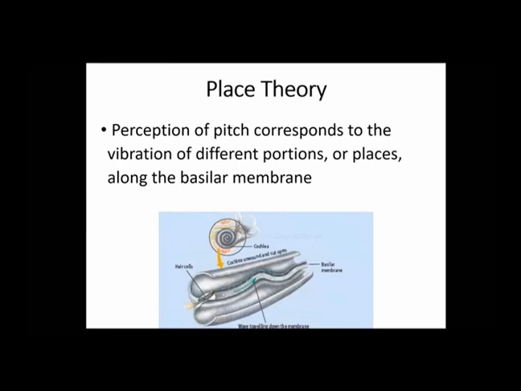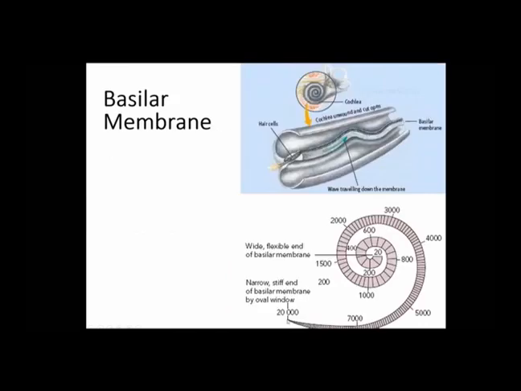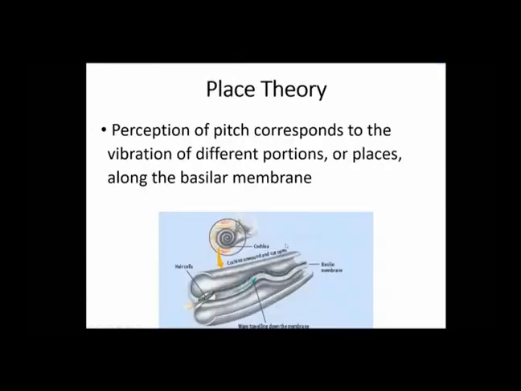Actually, this image is a little bit better. So if the membrane is vibrating at this point, then we are perceiving a very high-pitched sound. If it's vibrating here, we're perceiving a much lower-pitched sound.